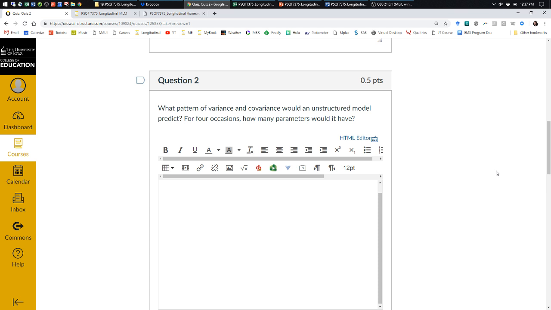Non-constant. What kind of not constant? Whatever it wants. So if I have 4 occasions, how many parameters? 10. That comes from 4 variances, 1 for each occasion, and 6 covariances, 1 for each unique pair of occasions. Unstructured means no structure. Gets to be whatever it wants.